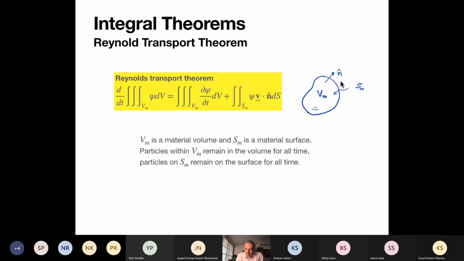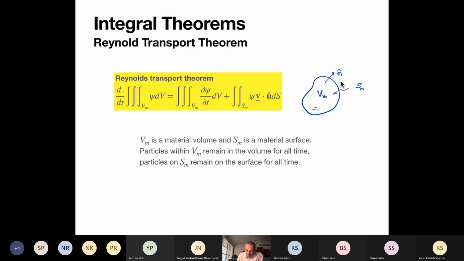So then for this, where n is the unit normal, the time derivative, so this is like taking a derivative of an integral. If you take the time derivative of the integral of any quantity psi, where psi could be scalar, vector, tensor, anything, then this is simply equal to the partial time derivative of psi itself integrated over the volume, plus the surface integral of psi times v dot n.